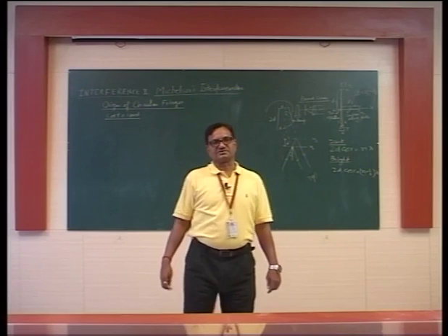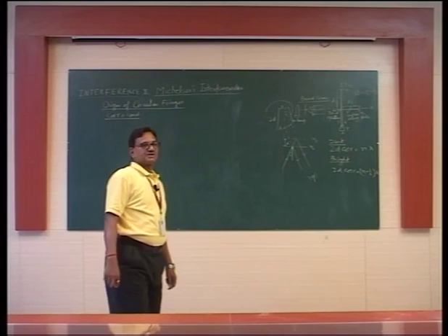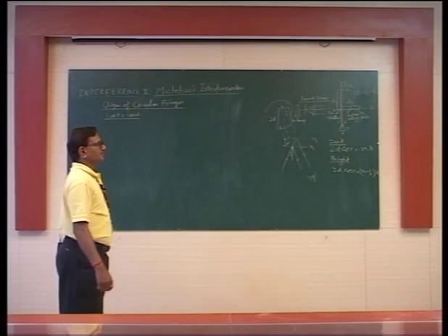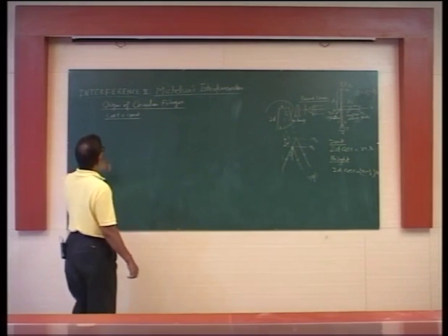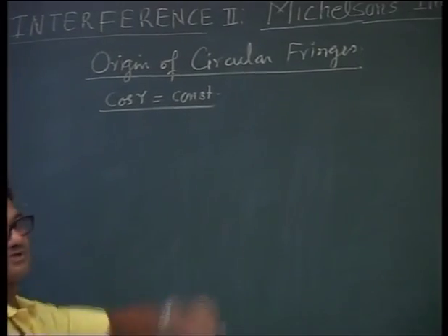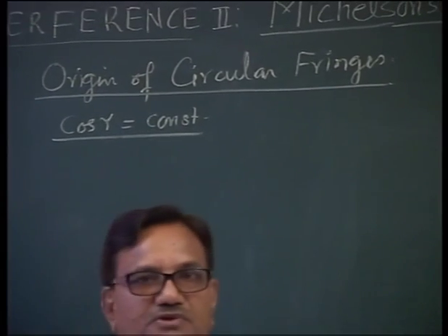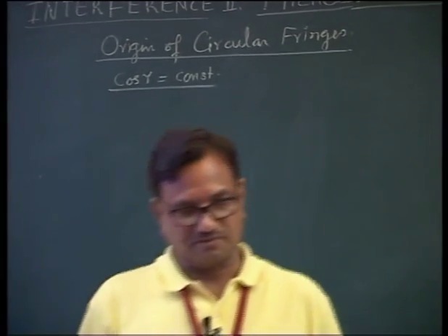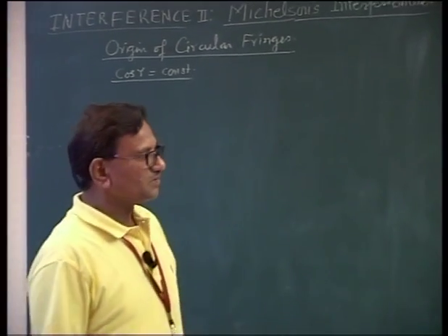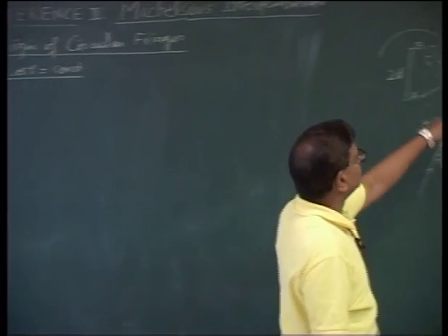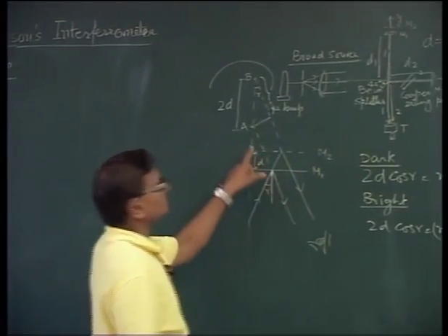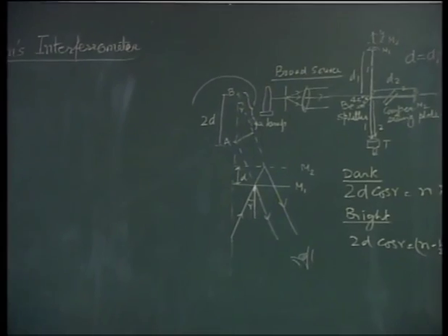Let us now discuss the origin of circular fringes in Michelson's interferometer. We know that the locus of cos r equal to constant is a circle, therefore the fringes are circular. Let us see what shall happen as we move one of the mirrors to change the thickness of the air film.